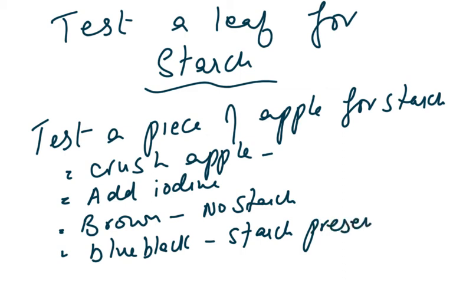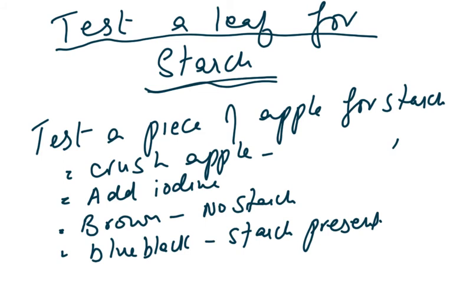But this is not the way. When we have to test a leaf for starch, we cannot do it this way. There is a special way that we need to do this experiment, and you must know this, how to do the 4 steps in this test.